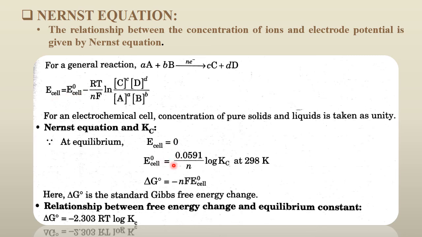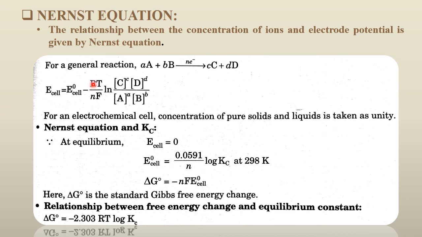E0 cell is equal to, now here, how are we getting 0.0591? By substituting the values of R, that is the real gas constant, right? We have different values of the real gas constant, 8.314, or depending upon the unit, 1.987 if it is in calories.